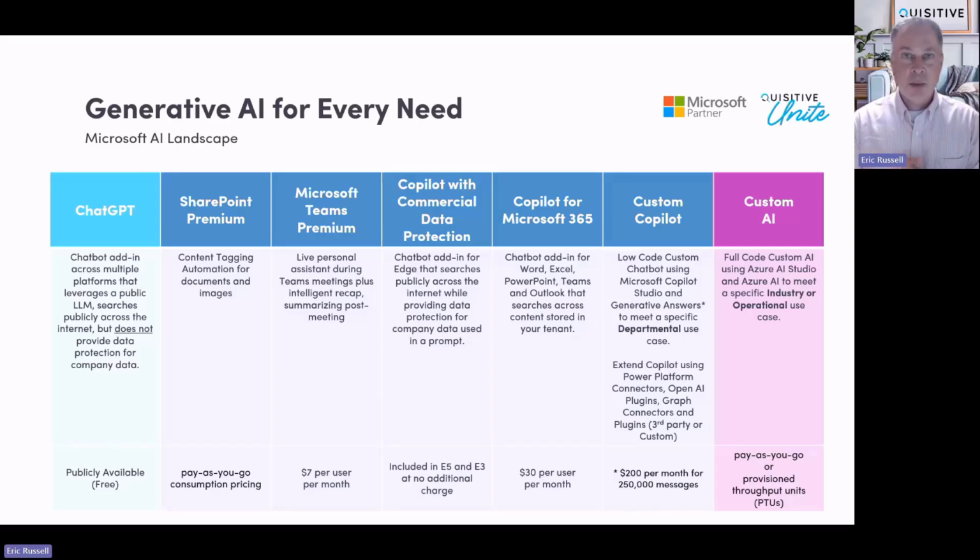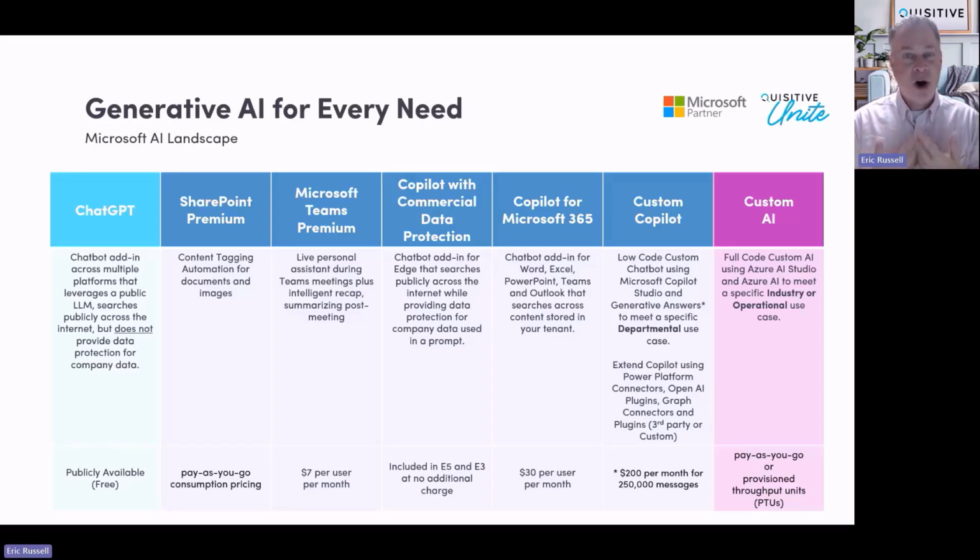Everything in that dark blue, those are AI capabilities within the Microsoft 365 platform. Now, on the left-hand side, you'll see I have this bookend with ChatGPT. I'll get back to that in just a minute. And on the far right-hand side, you'll see I have it bookended with Custom AI, which is really designed to represent Azure OpenAI services. For the purpose of this conversation, we're going to be talking about Microsoft Copilot and everything in the middle. And so I'm going to start with a definition.